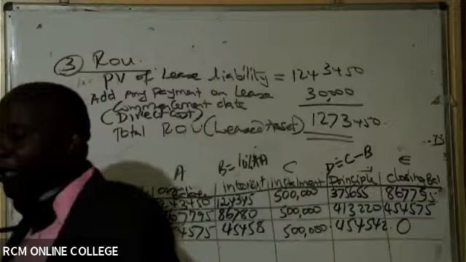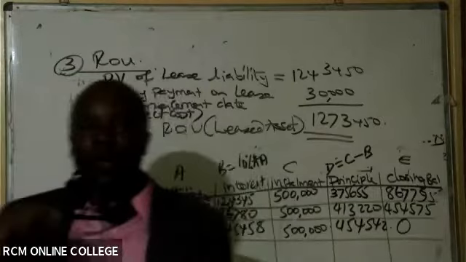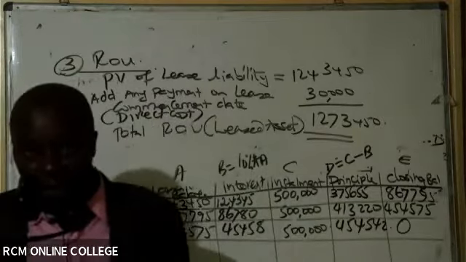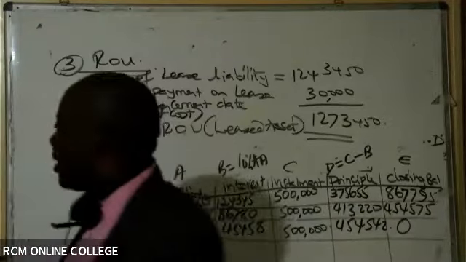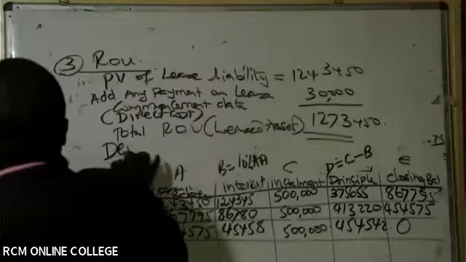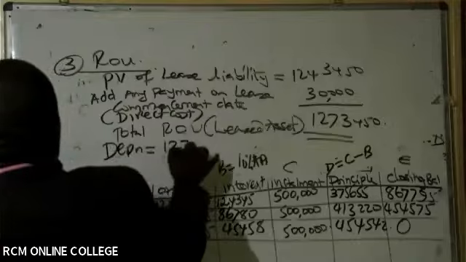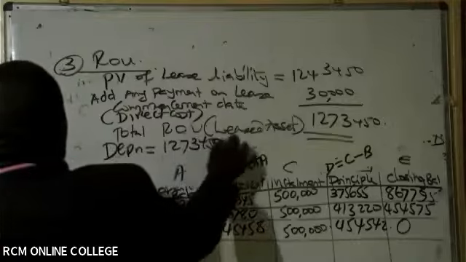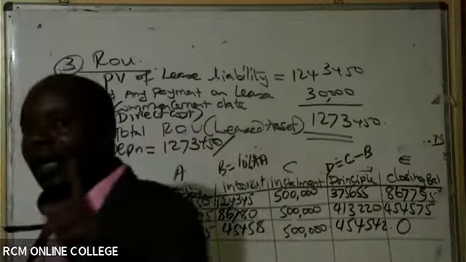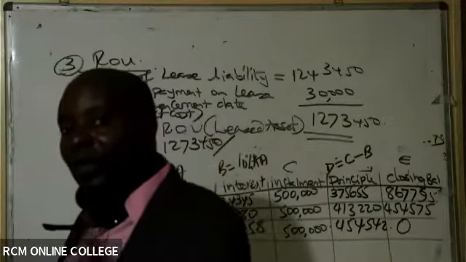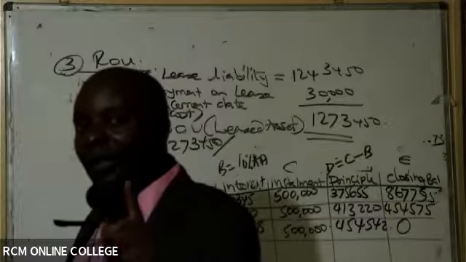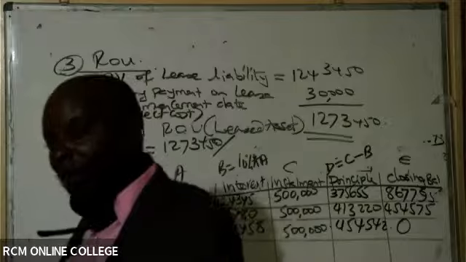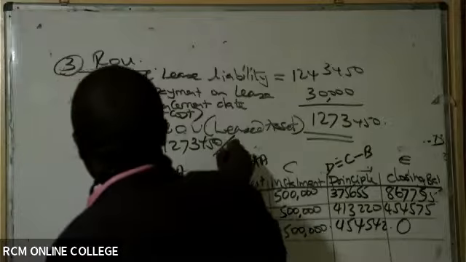So now having gotten this right of use, what do we do straight away? We depreciate. So in this case, give us depreciation per annum. It will be this 127,3450 over the lease life or economic life, whichever is lower. So remember the lease life here was 3 years, the useful life was 5. Whichever is lower is what you use to depreciate your asset. So divide by 3.